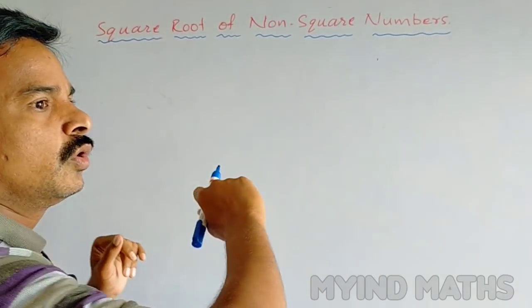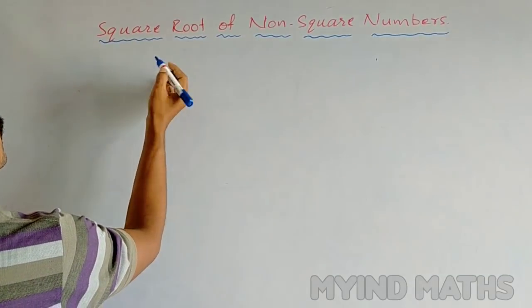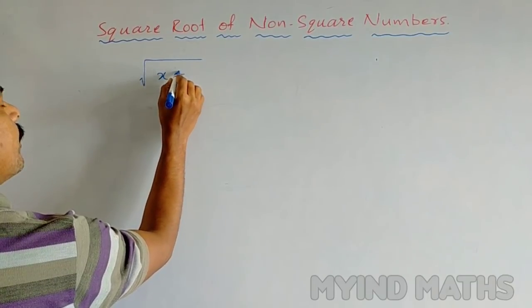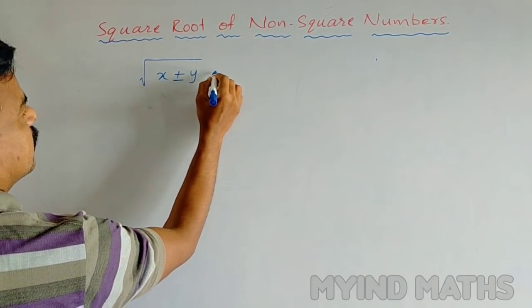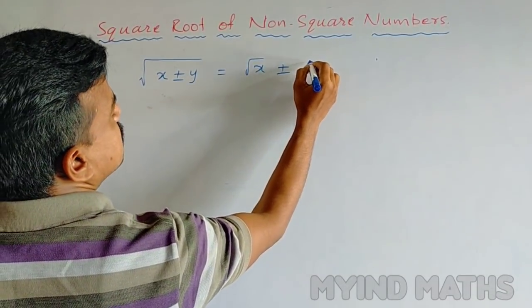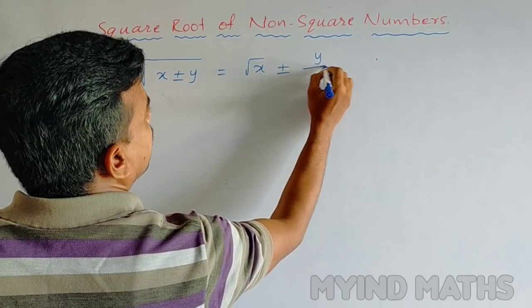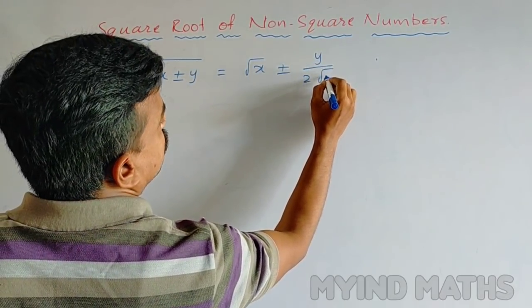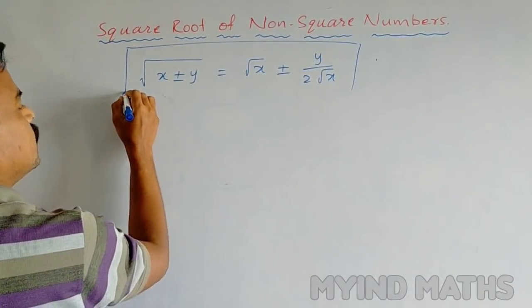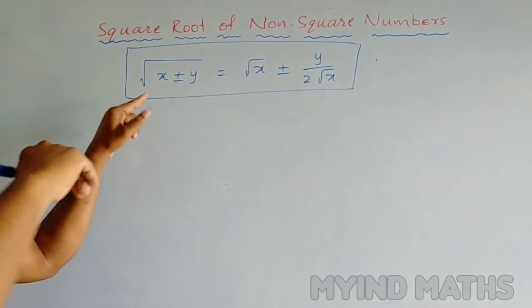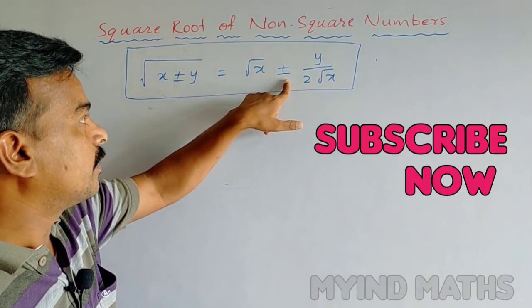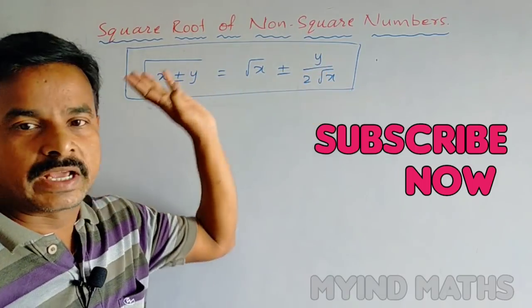You have to keep one formula in your mind: square root of (x plus or minus y) is approximately equal to root x plus or minus y by 2 root x.